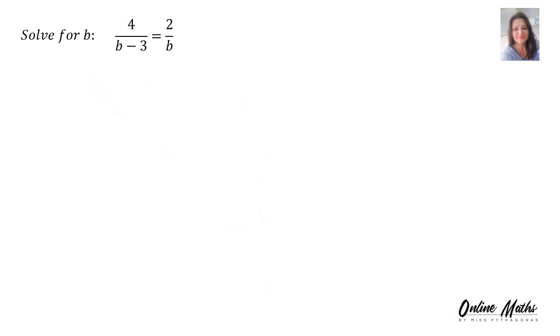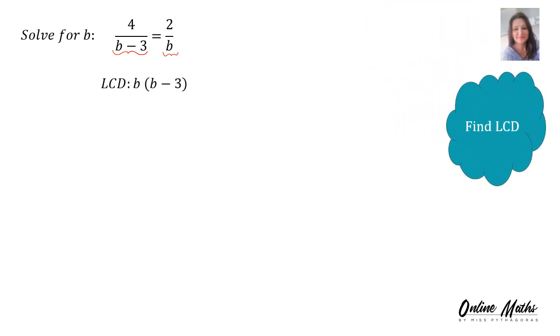Solve for b. And now you find that there's a 4 over b minus 3 under the line. This thing is bound together and there's a b. So your LCD will be b bracket b minus 3. And then the restriction will be b cannot be 0.